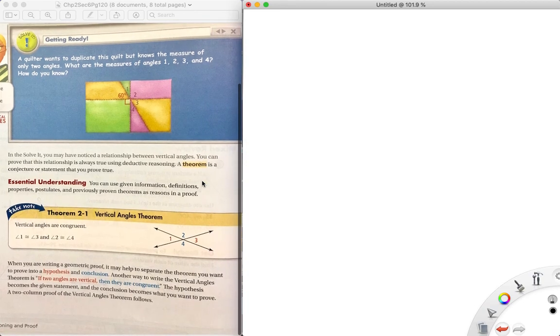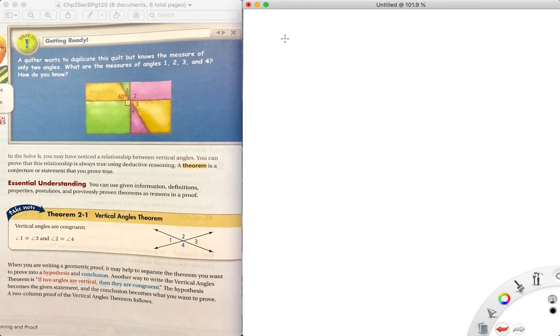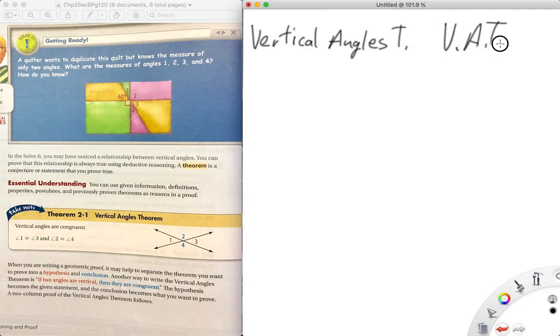So the first theorem they give us, and the one I will use a lot in this course, is the vertical angles theorem. I call it VAT.